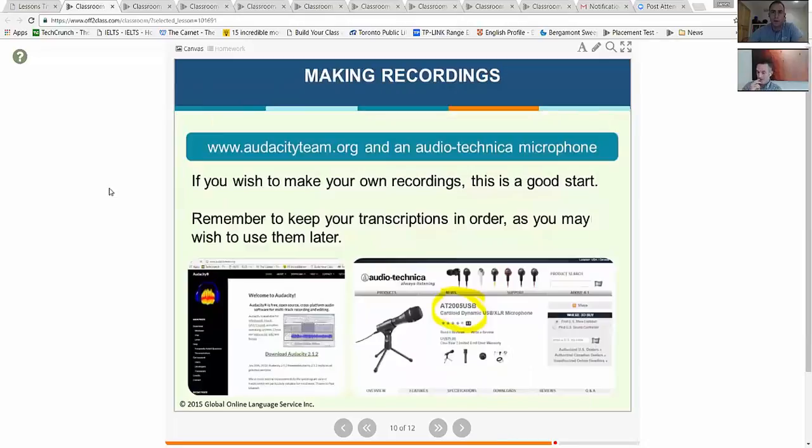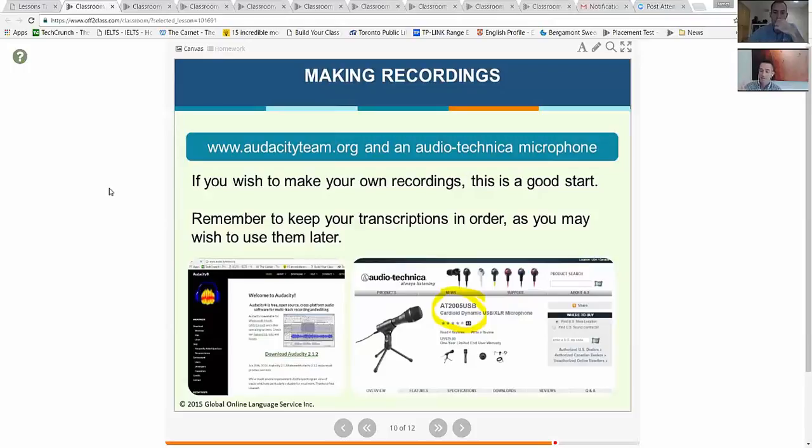Before I go into the individual lessons that I teach, I just want to say to you, if you want to go ahead and make your own listening recordings, it's actually not particularly difficult to do. As long as you've written out your transcription, I still do mine in a Word document today. And I would just suggest at a starting level, there are two things that you need.